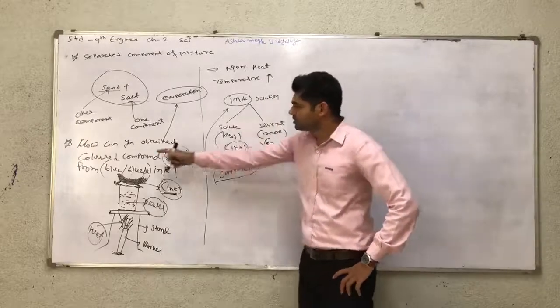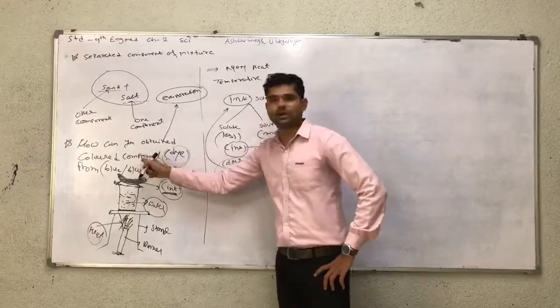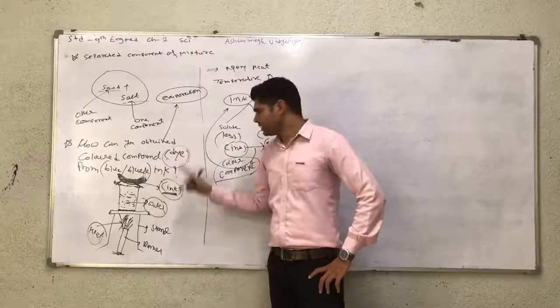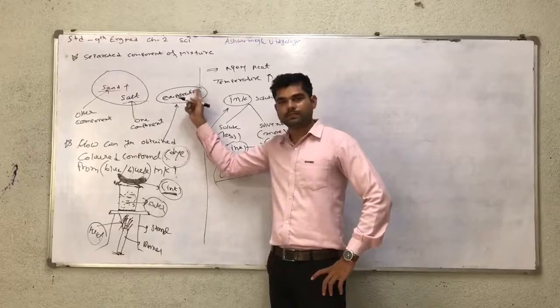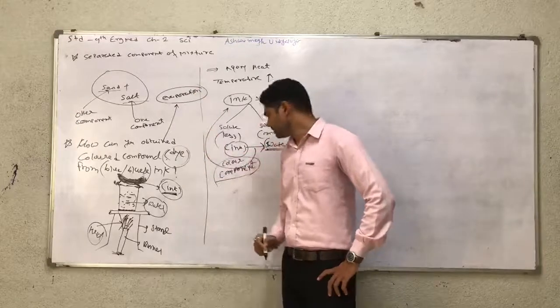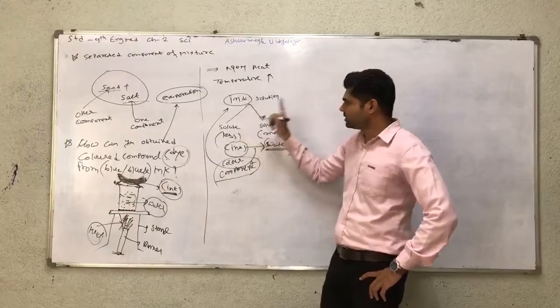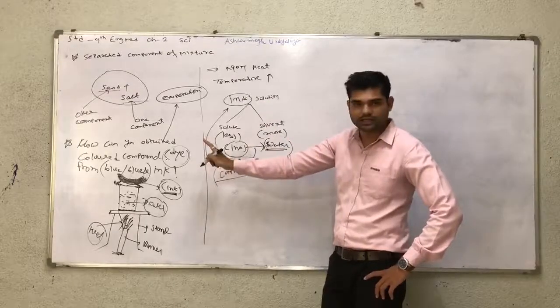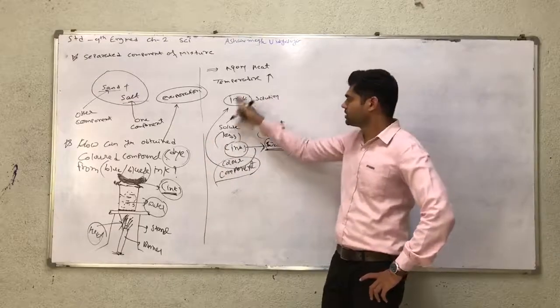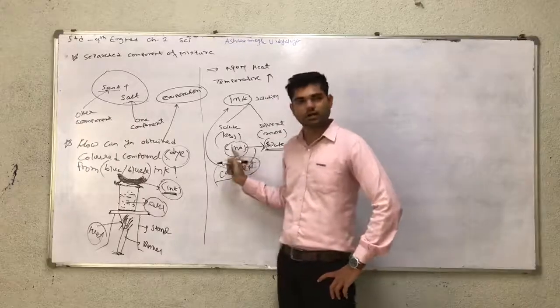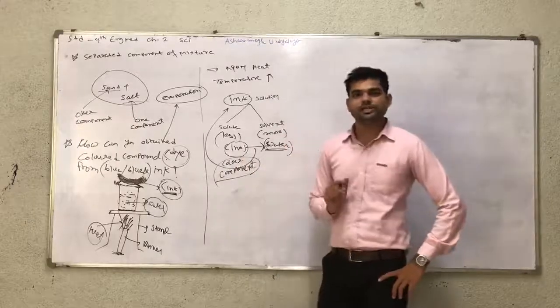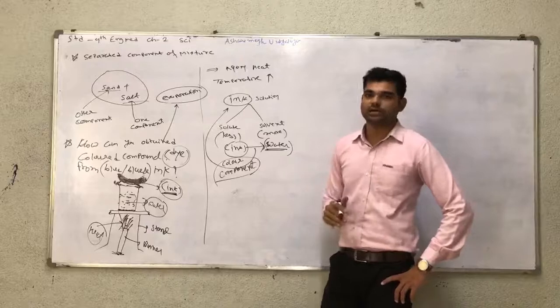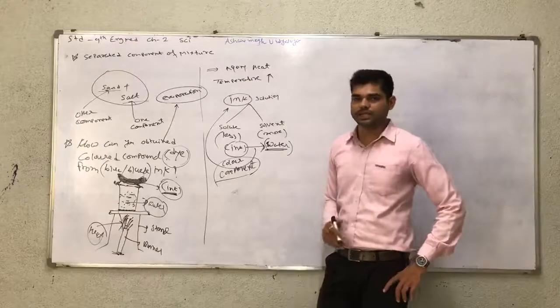Therefore, this color compound can be separated by the evaporation method. A blue, black, or any color ink solution contains water plus a color compound. So water is easily evaporated by normal rising temperature.